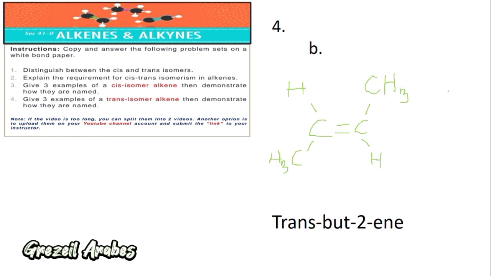This is our second example in number 4, ma'am. So this is trans-but-2-ene. So this is connected to the example of number 3, letter B. But the example in letter B in number 3 is just cis, but here it is trans because it is the problem stated here in number 4, ma'am.